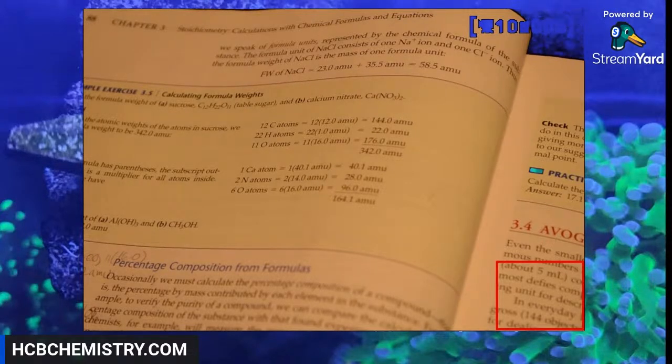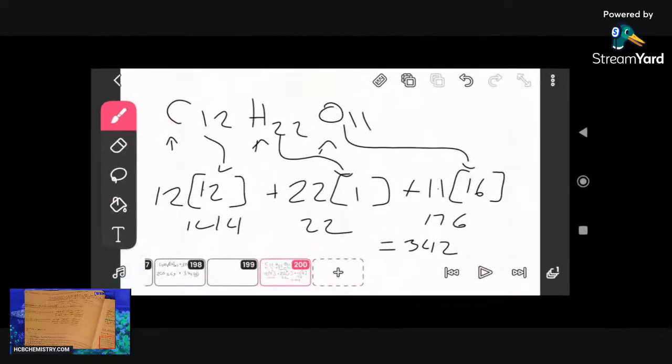We're at 176. And that should equal 342, I think. All right, go double check that, guys. Oh shoot, I'm not even showing you guys whatever I'm doing. That sucks. I did that whole thing and didn't even show you what I was doing. But anyways, that's where we're at right there.